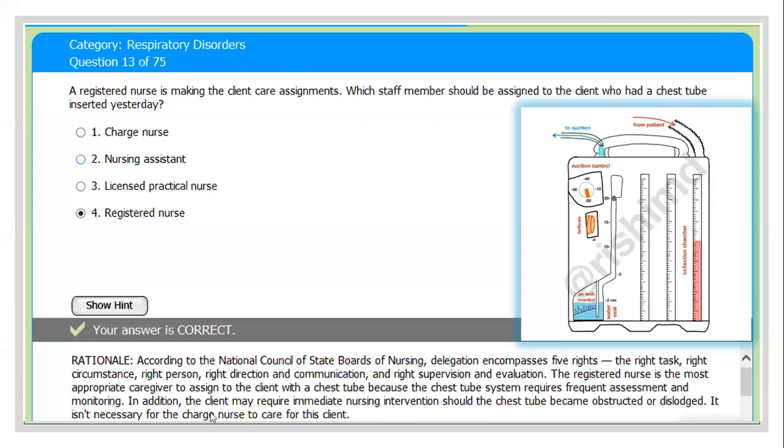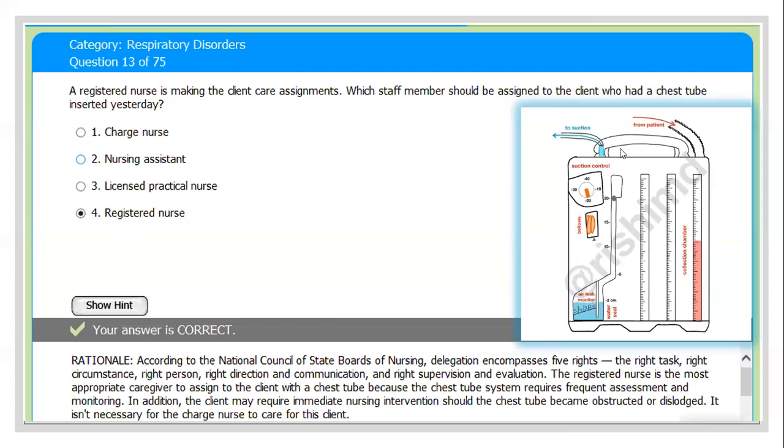In addition, the client may require immediate nursing intervention should the chest tube become obstructed or dislodged. So this is the reason a registered nurse takes care of this patient. You can see a picture here. This is the chest tube.